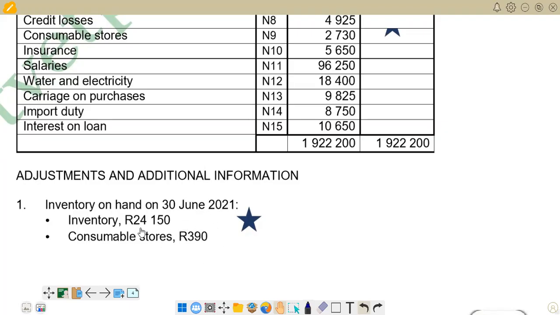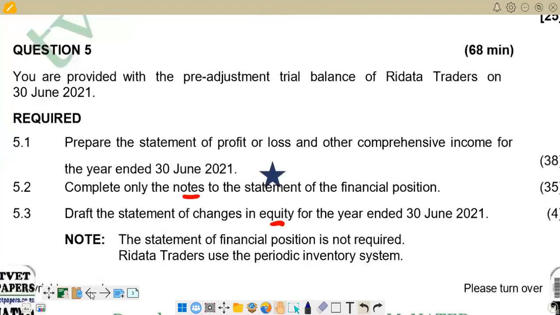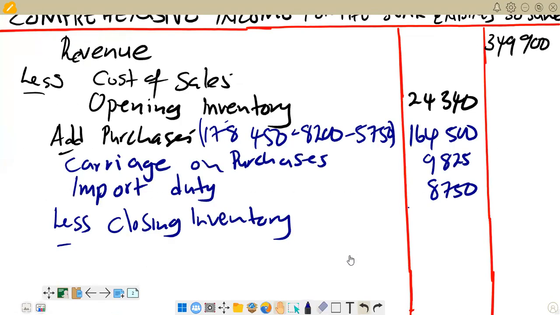So we are going to just subtract 24,150. So we go back to the other section. There now we have got 24,150. So that's the figure that we have there. Having this figure, we now add and subtract the closing inventory, so that we can calculate cost of sales.